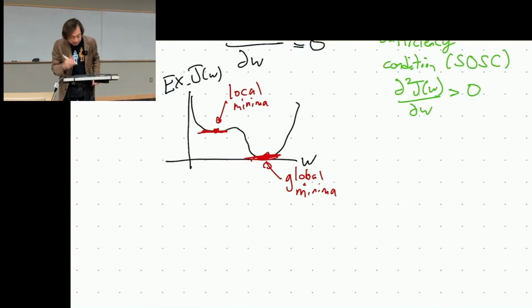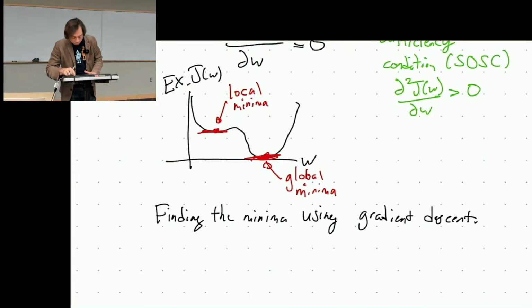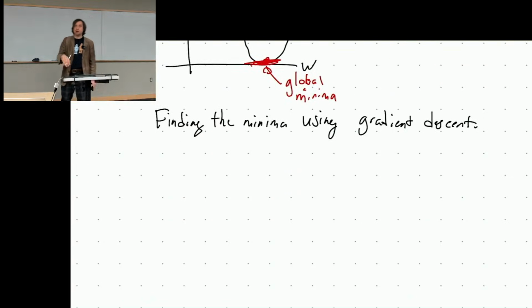So the way that we typically go about finding the minimum is via gradient descent. So finding the minima using gradient descent. Okay? So one thing we do want to cover is a little bit of basics of calculus when there are vectors involved.